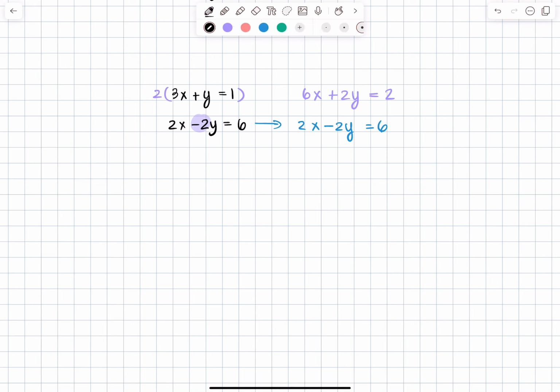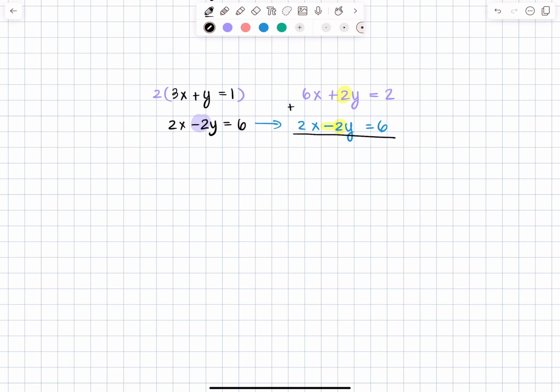Okay, so now that you have this, you can add. We know we can add now because we have 2 and 2, and one of them is negative. It can be any number, it doesn't have to be 2. Just make sure that they're the same number and one of them is negative.